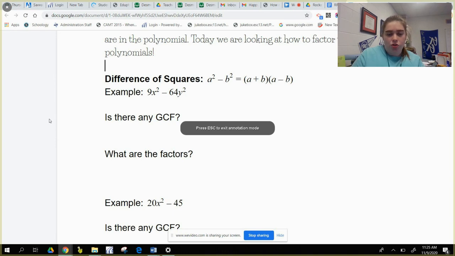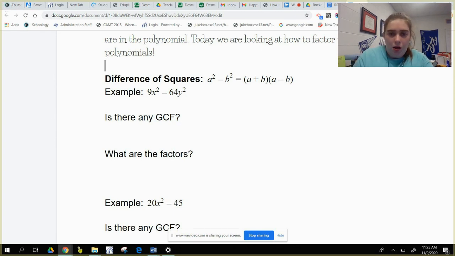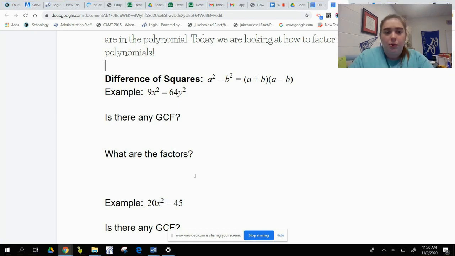So let's go ahead and try to write our factors if we don't think there is one. We have our model right here: 9x squared minus 64y squared. We're going to try to get that to be just an x and just a y, which means we have to take the square root of each of those terms.